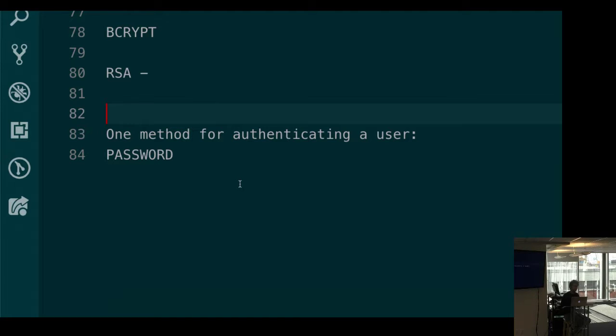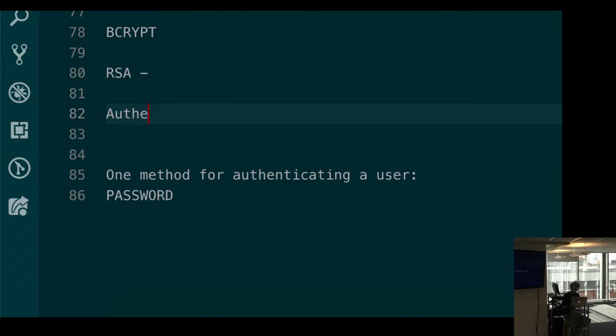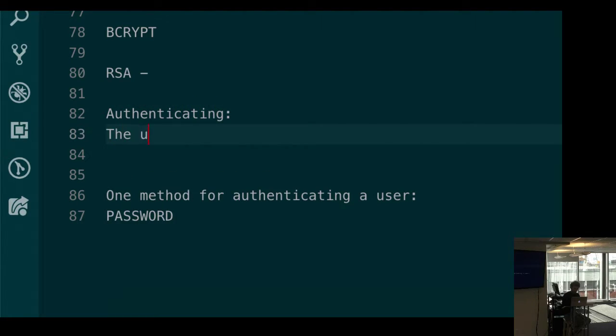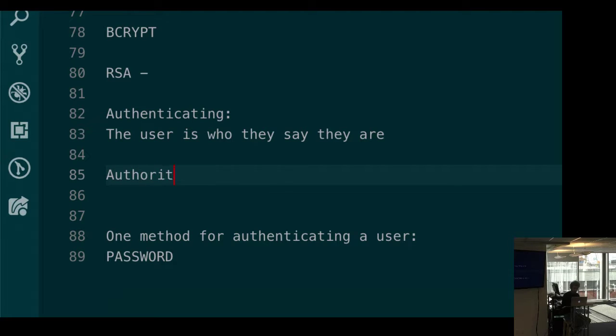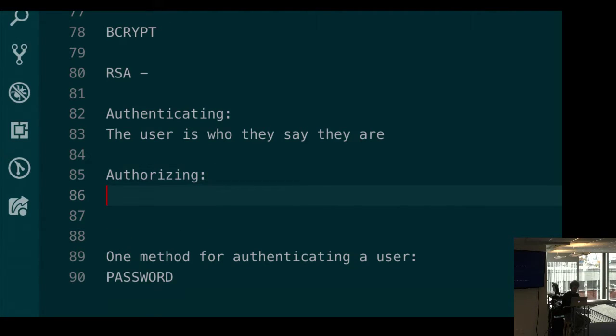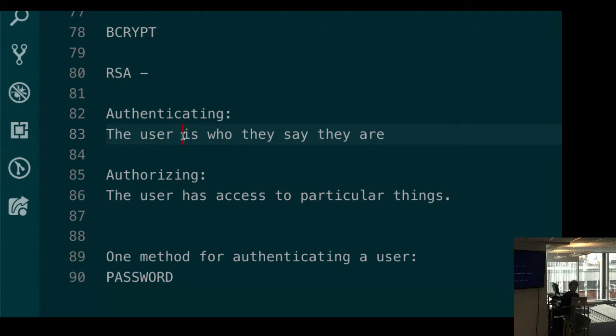I think they get used interchangeably, but they're different. Authenticating is that the user is who they say they are. Authorizing is that the user has access to particular things. Two different things. I could be authenticated, but I could not be authorized. That's fine.